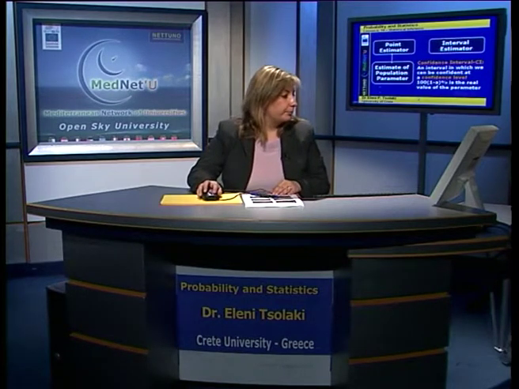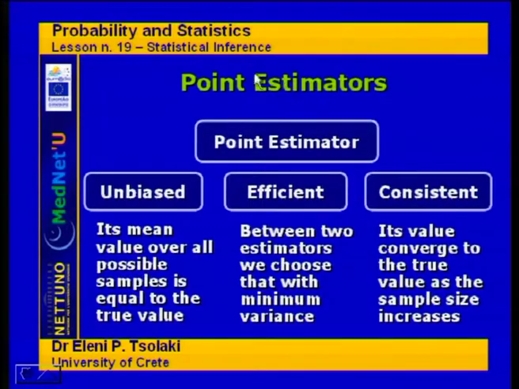So, a point estimator must satisfy some conditions. For example, we give here some conditions. It must be unbiased. That means its mean value over all possible samples is equal to the true value.